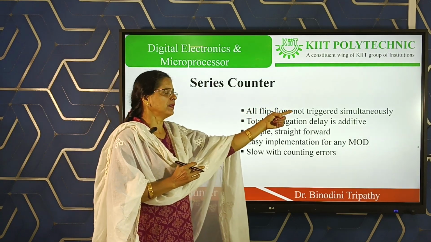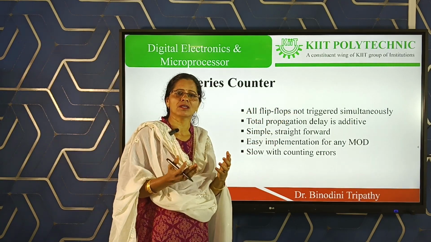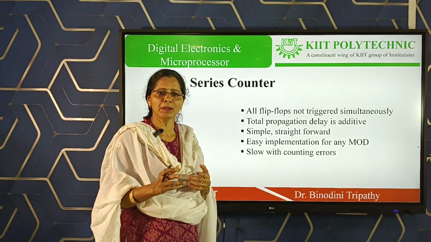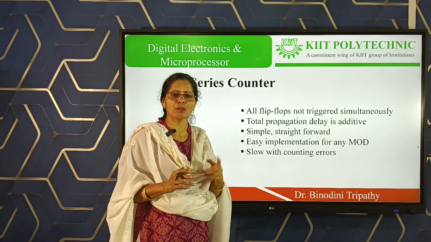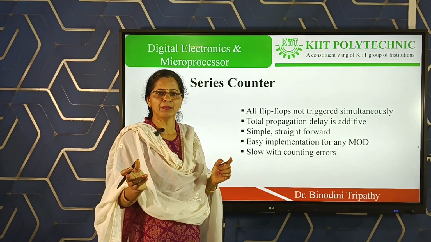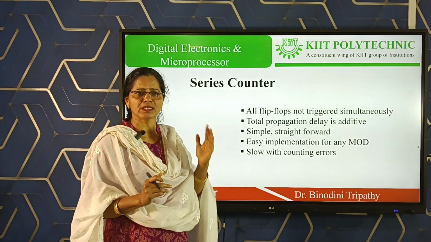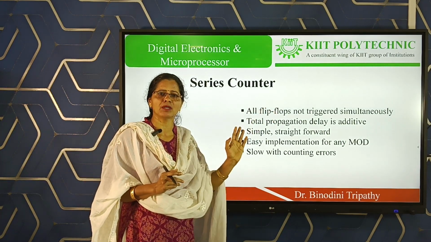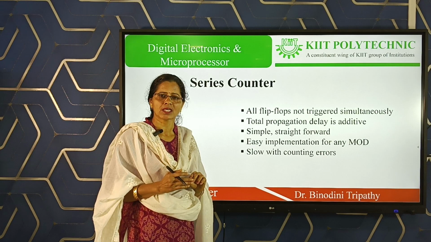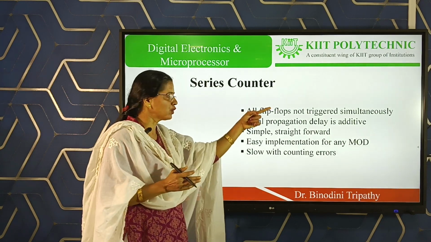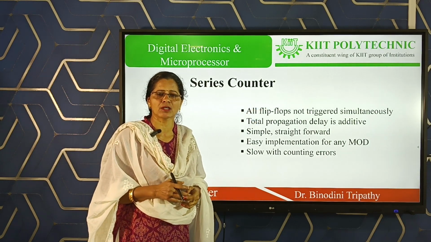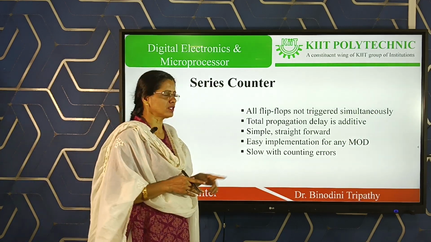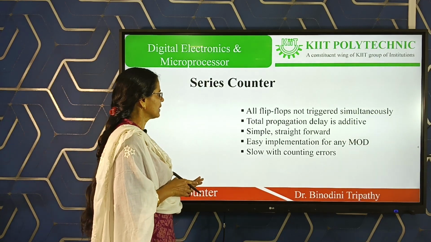Accordingly, all the flip-flops are not triggered or clocked simultaneously. The second flip-flop is waiting to get the clock pulse from the first. The third flip-flop is waiting to get the clock pulse from the second. So it is not simultaneously triggered or clocked. So this is an asynchronous device where we are not applying the clock input directly and simultaneously. That is known as an asynchronous device. So this is an asynchronous type counter.